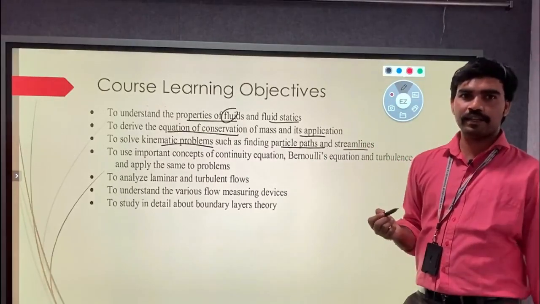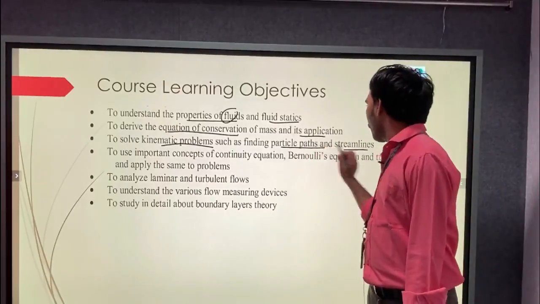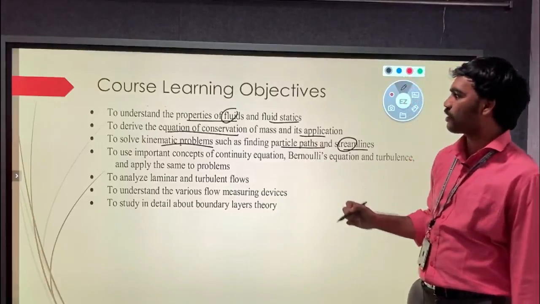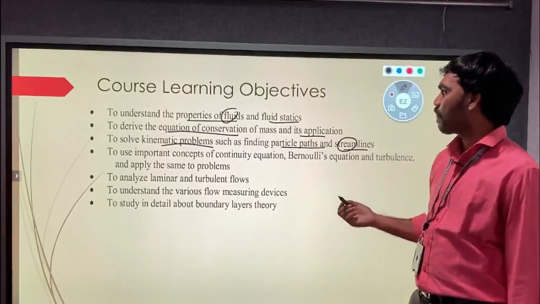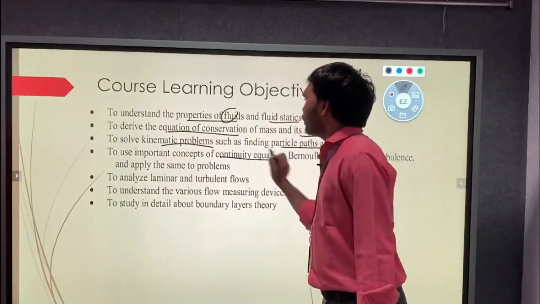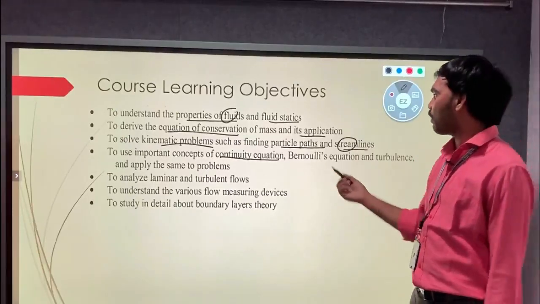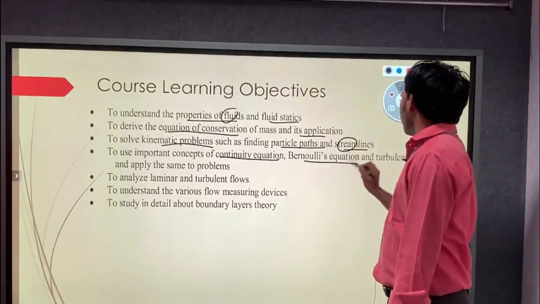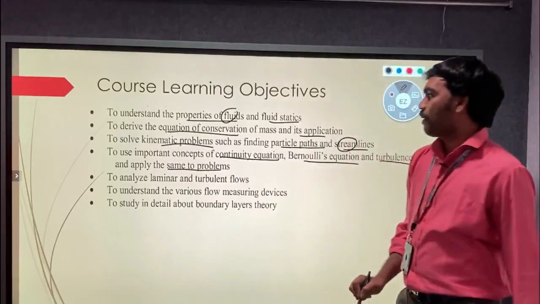In detail we are discussing what a streamline and a path line are, and what kinematic concepts we are going to apply here. Next we are trying to use the concept of the continuity equation to understand fluid mechanics problems, along with Bernoulli's equation and turbulence, and apply them to problems.